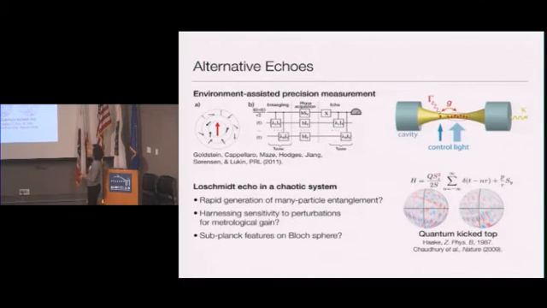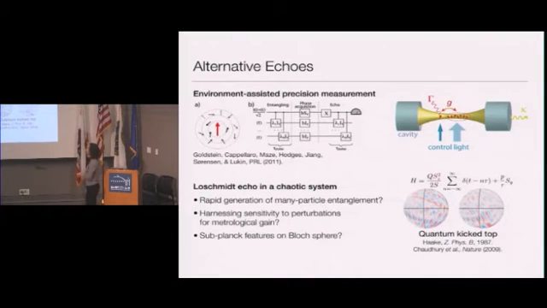That's another example of an echo-type scheme that's been proposed and is naturally suited to exploring in cavities with non-local interactions. And beyond applications to quantum measurement, we've been thinking about whether this ability to switch the sign of the interaction is something that will be useful for studying quantum chaotic systems.